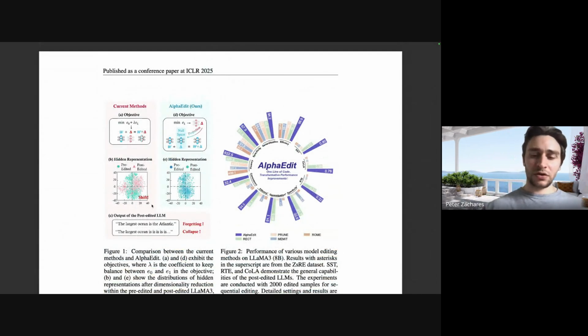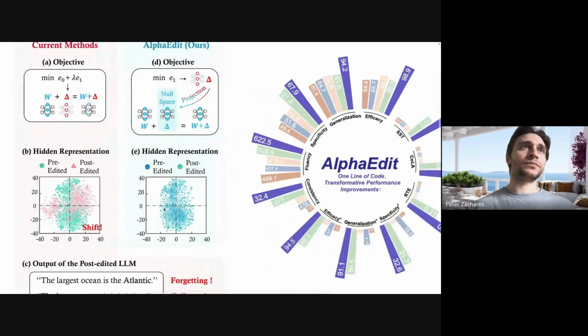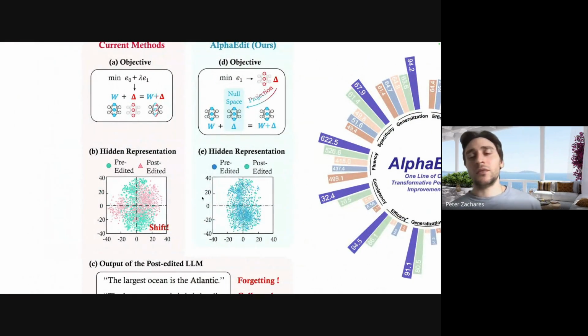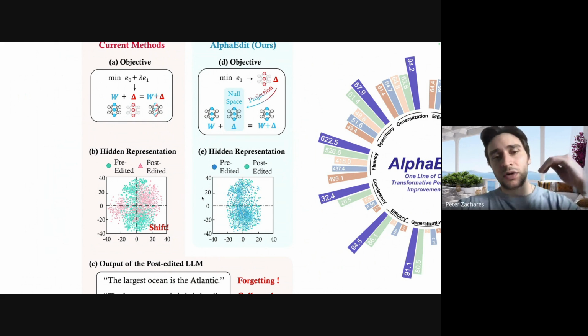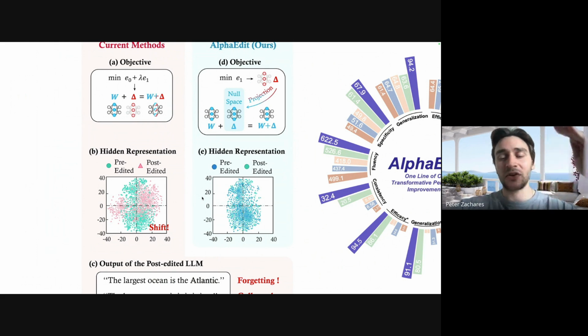They assume that when you calculate the hidden representations of the specific layer you're going to be editing, for those 100,000 facts, you calculate the representation of each of them. Once you're done learning this new information, they should be in about the same place, or at least the distribution of those facts should be the same as much as possible.